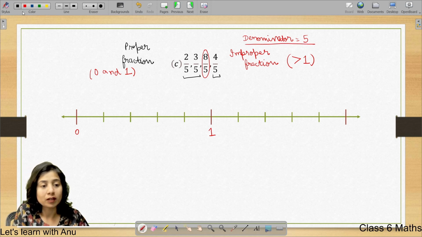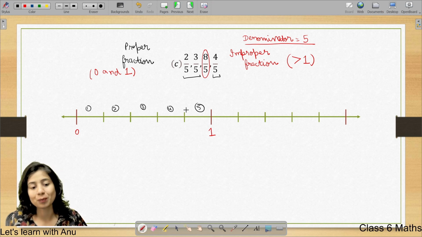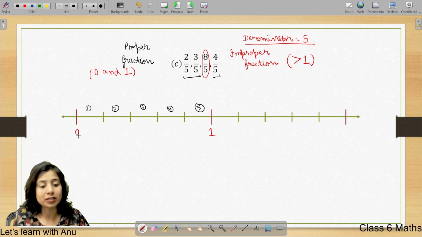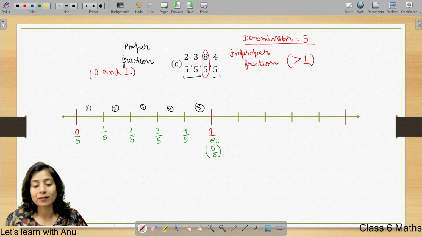So this is 1, 2, 3, 4 and 5. So we have divided it into 5 equal parts. So the first one can be written as 0 by 5, then it's 1 by 5, 2 by 5, 3 by 5, 4 by 5 and the last one, 1, or we can write it as 5 by 5.